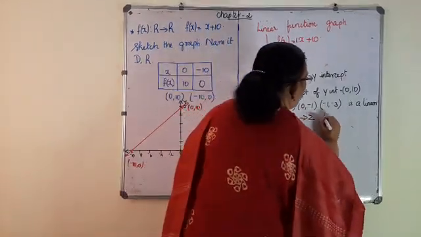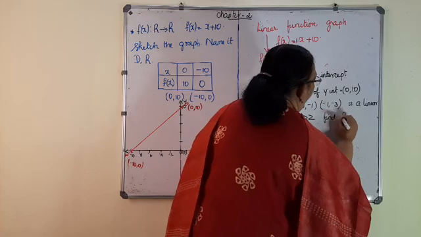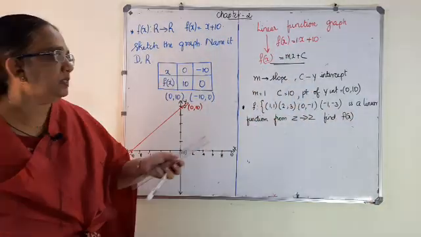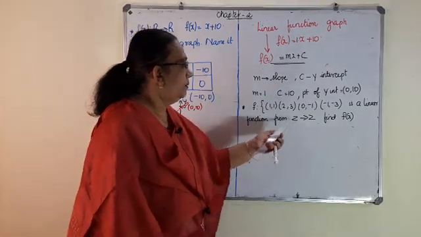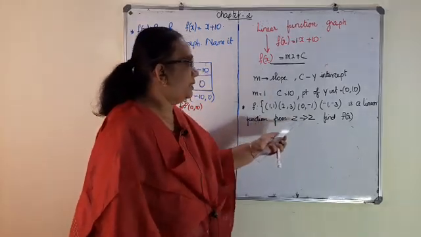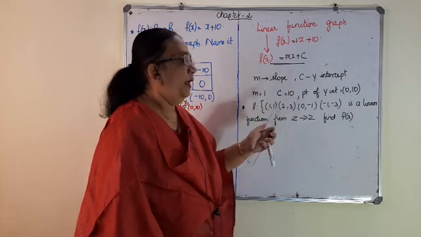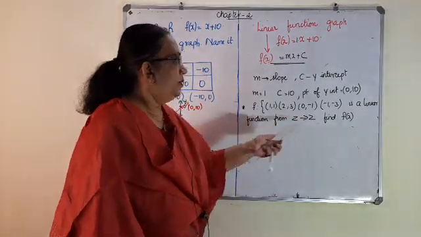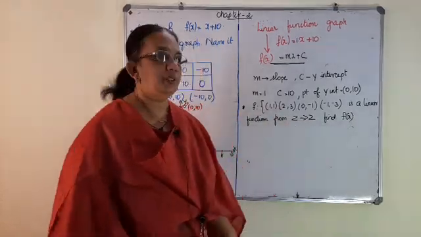Find f of x. Here you can see that it is from Z to Z, the set of integers. It's a function, and moreover it is said that it is a linear function. So you have to find the function.